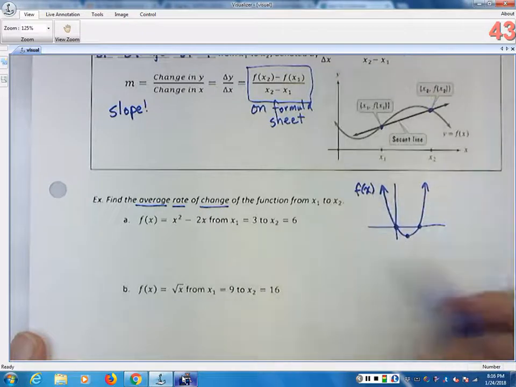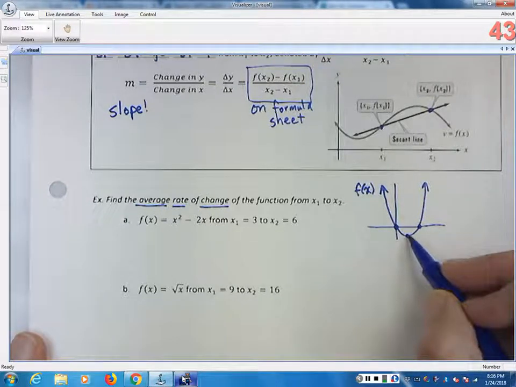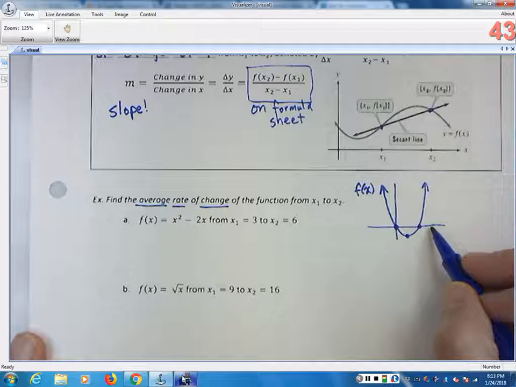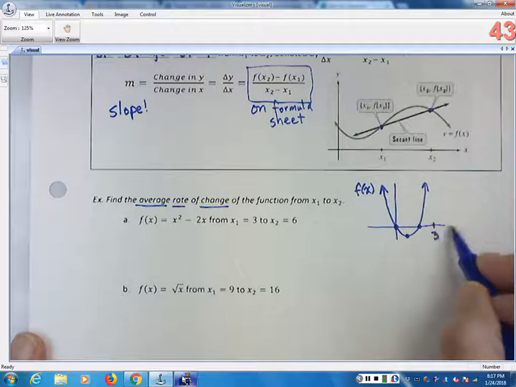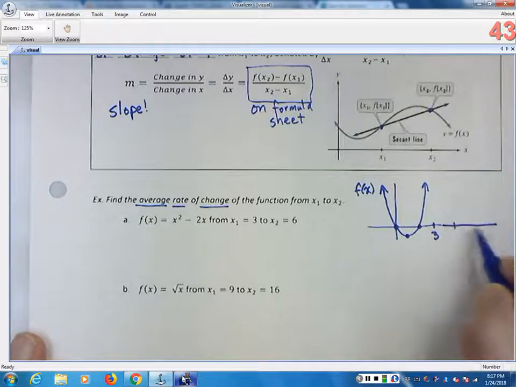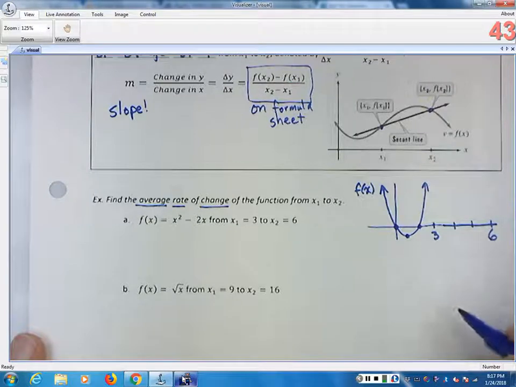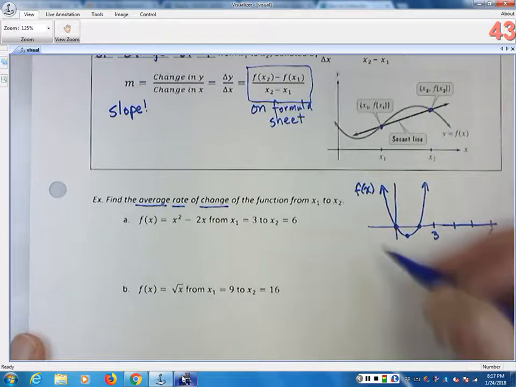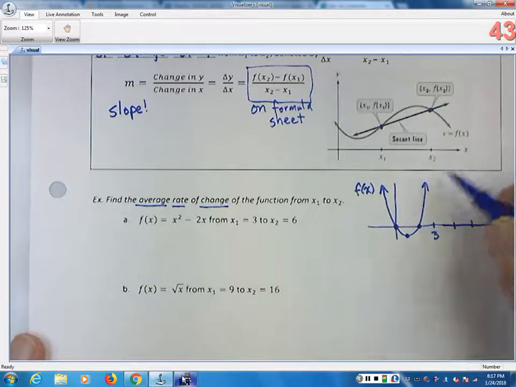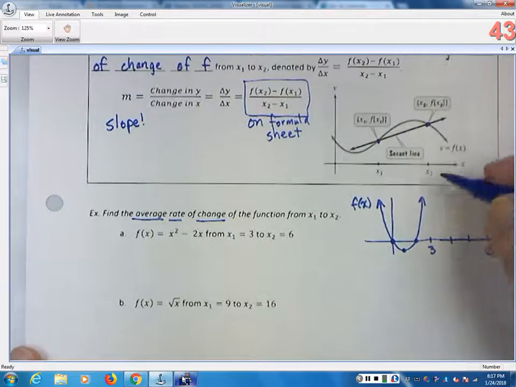And we want to go, this is 1, 2, so 3 is out here, and believe it or not, 4, 5, 6, 6 is out here. So we might be off the page if I were to draw that. But anyway, we pretend that we're going from here to here.